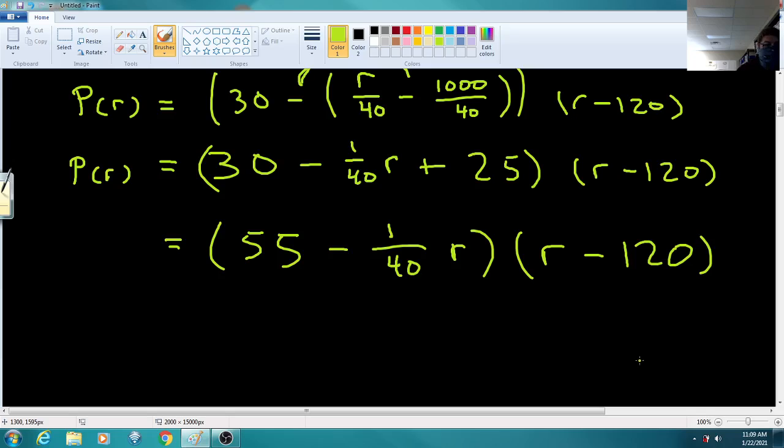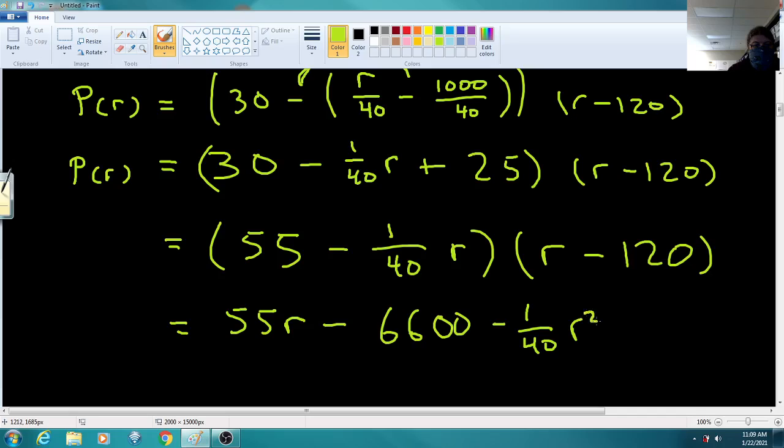Now I need to FOIL it out. So first is 55r. Outer is minus whatever 55 times 120 is, which is 6600. Inner would be negative 1 over 40 r squared. And last will be positive.